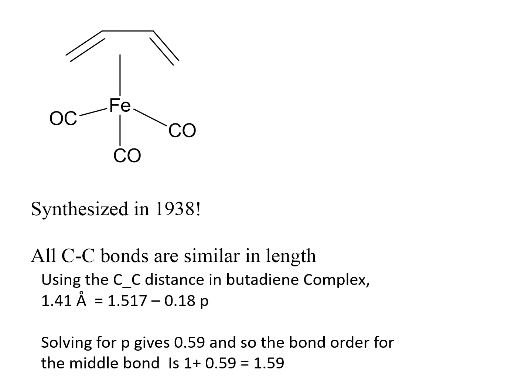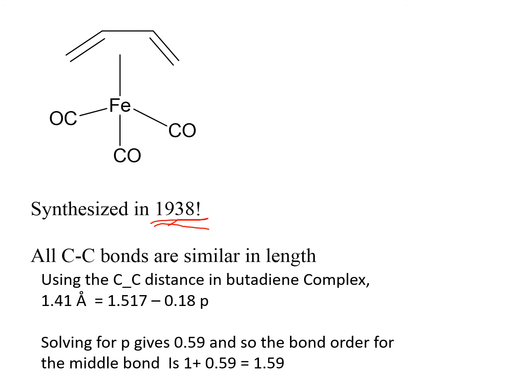Now let's take a look at the bond distances present in the butadiene Fe(CO)3 molecule. Notice that this molecule was synthesized as early as 1938, and of course the crystallographic structure was characterized much later.